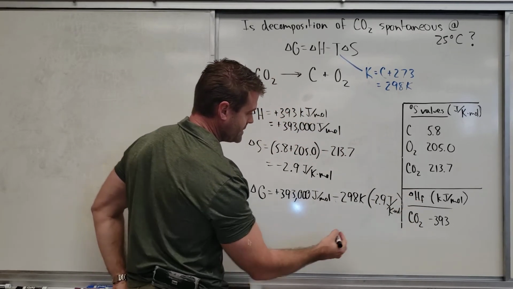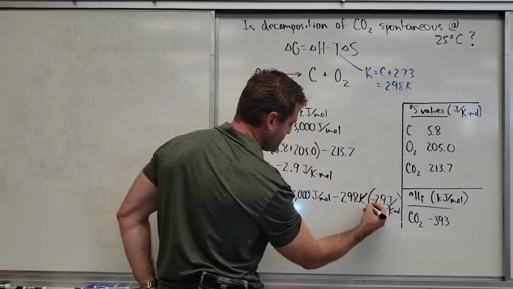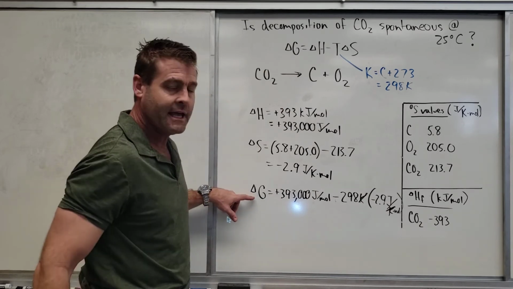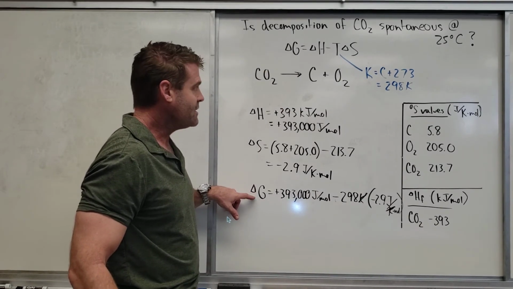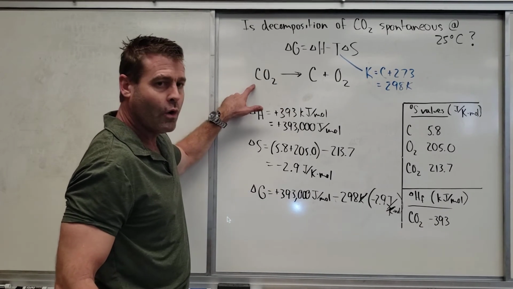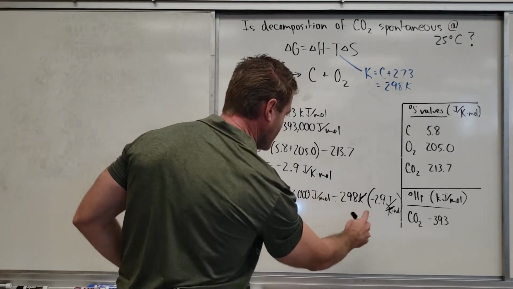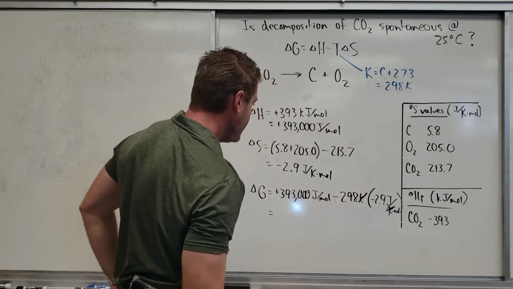Notice, look at your units. Kelvin cancels with Kelvin, and then what do I have? Joules per mole, because you're going to get a value for delta G per mole of the substance that undergoes the reaction.